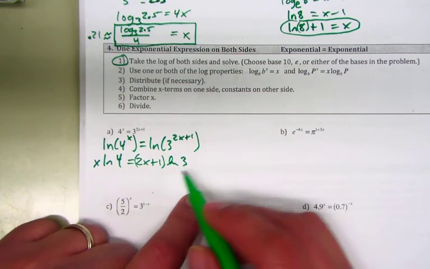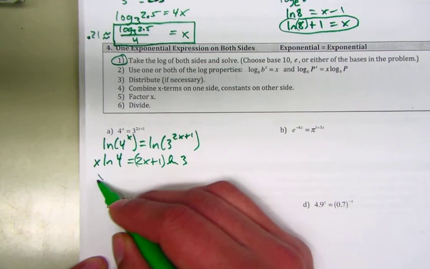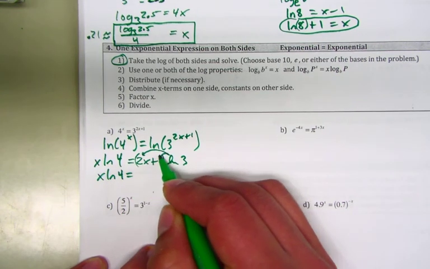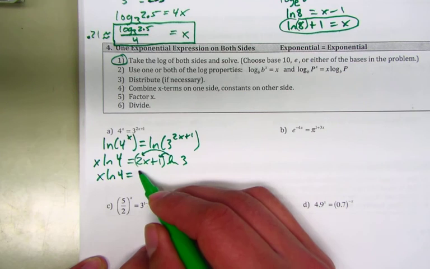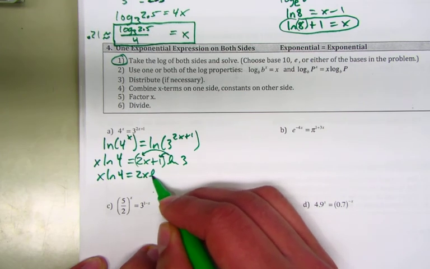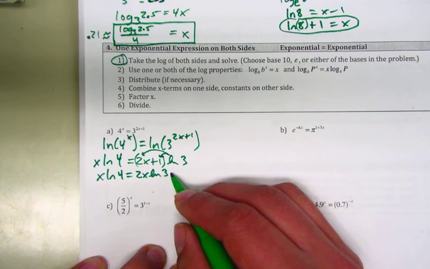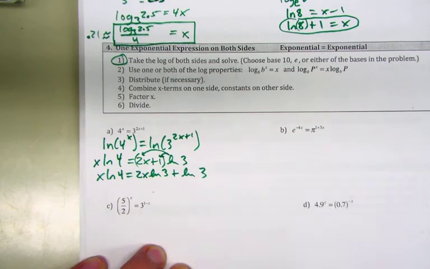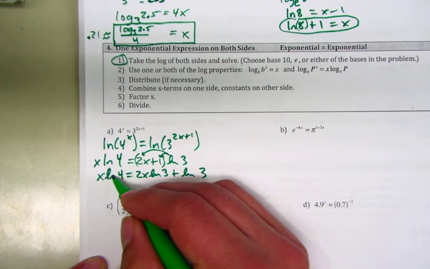So that's actually a pretty good move, is to distribute. So this natural log of 3 gets distributed to both terms. And now we have 2x times natural log of 3 plus 1 times natural log of 3 is natural log of 3. Sorry, I'm switching to cursive on you.